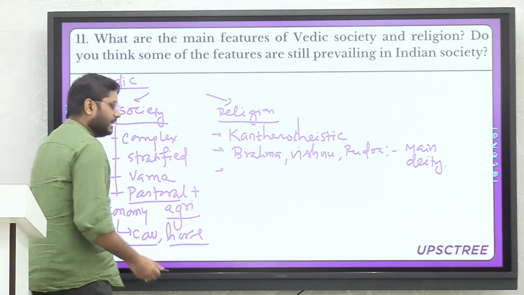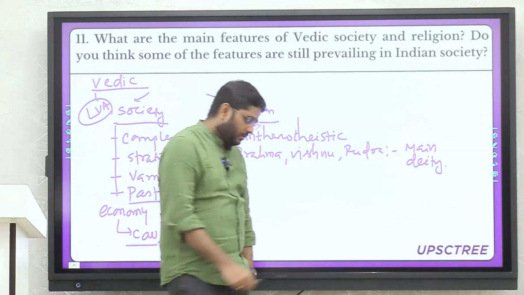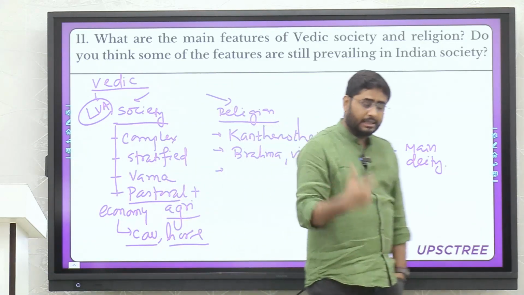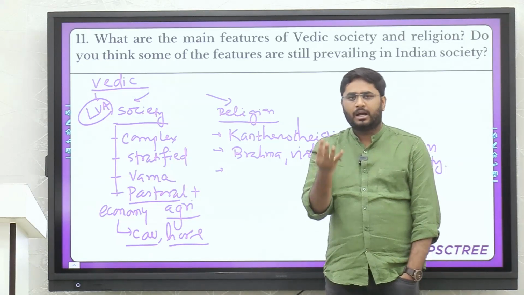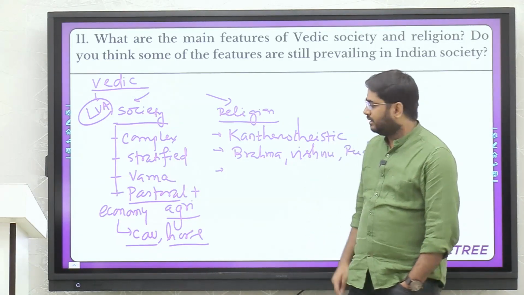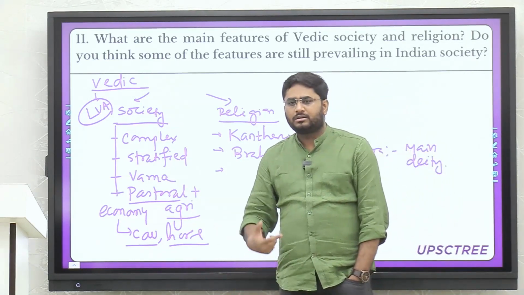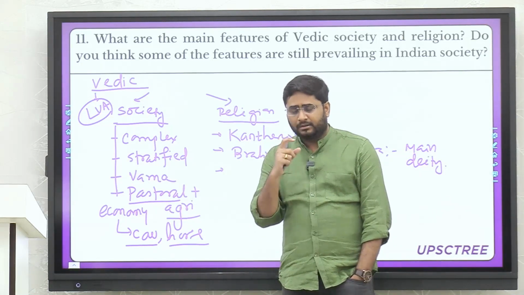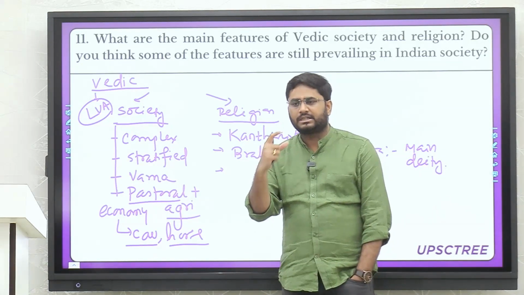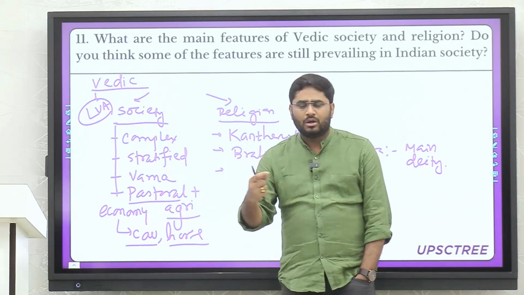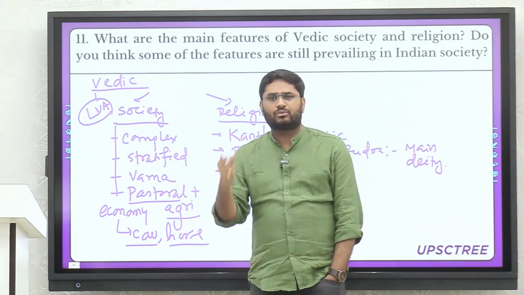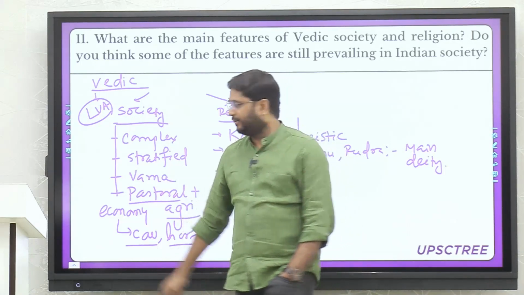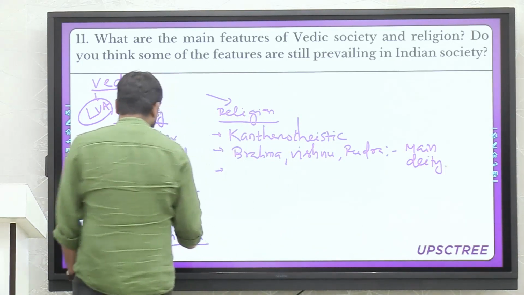If you look at Vedic age people, they were very fond of cows because it was an economic animal. Their status was determined by the number of cows they had, and the horse they kept because it was a strategic animal. Most of the time they used to engage in wars, and those wars were fought for cattle. Okay, so cow, horse, etc.